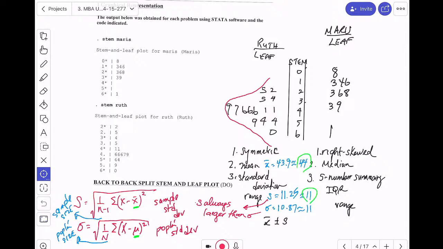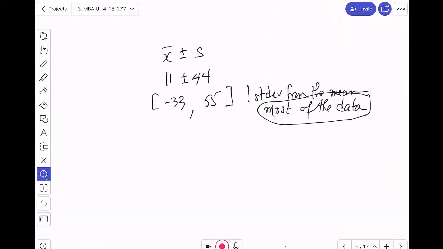Because there are 15 and there's just 2 that are not. So that is 13 out of 15, or 87%.